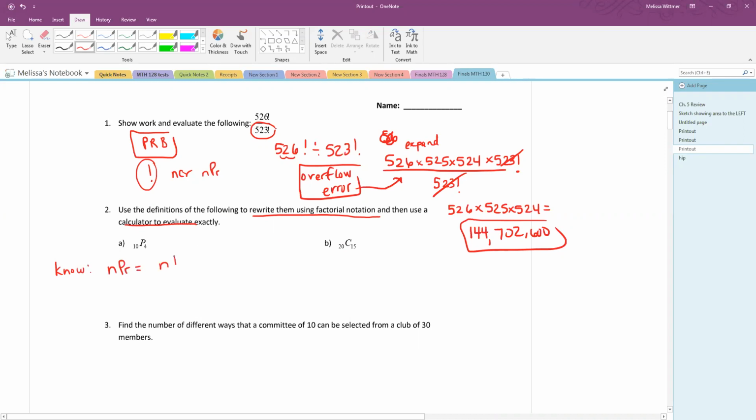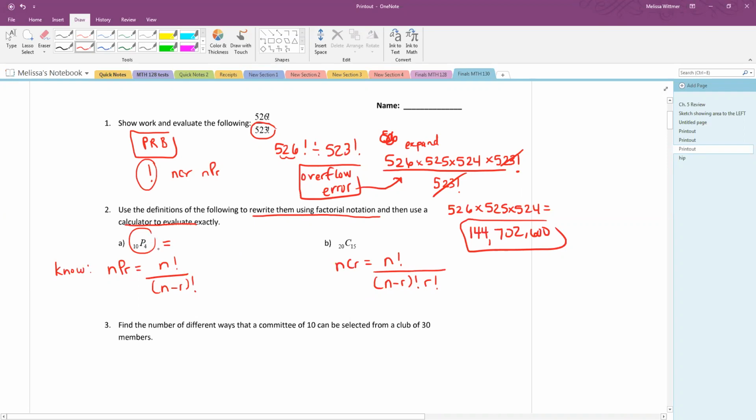NPR is n factorial divided by n minus r factorial. And then NCR is n factorial divided by n minus r factorial times an extra r factorial on the bottom. So you do have to know both of those formulas and then set up the formula with your problem.